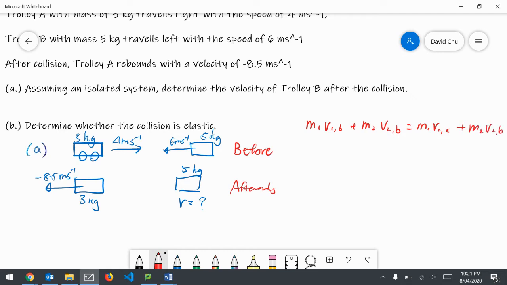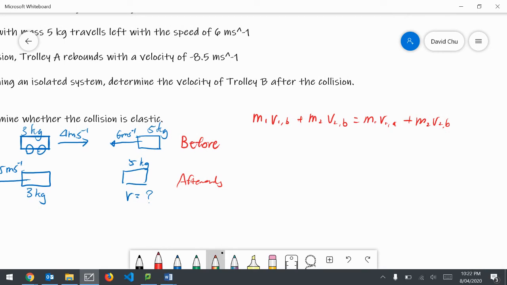Just to remind you, v1B and v1A are not the same because they're velocity before and after. So to go forward, we're substituting everything we know. So you got 3 kilograms times 4 plus, sorry, 5 kilograms times.